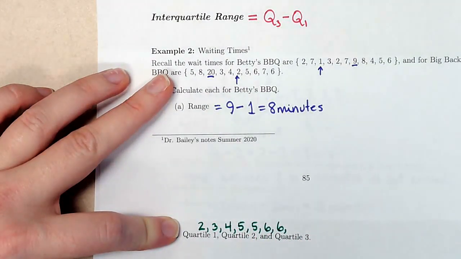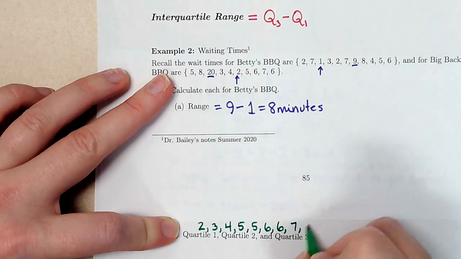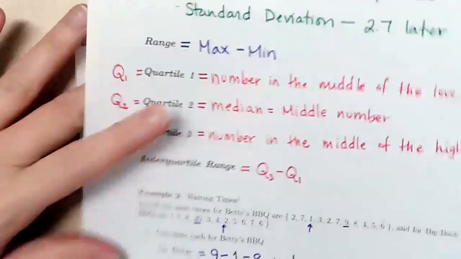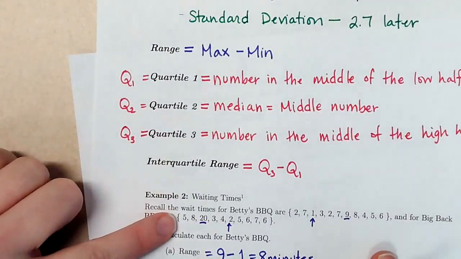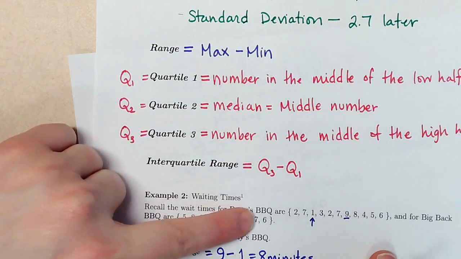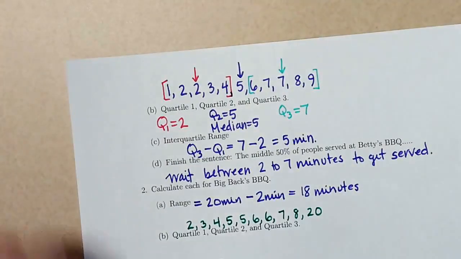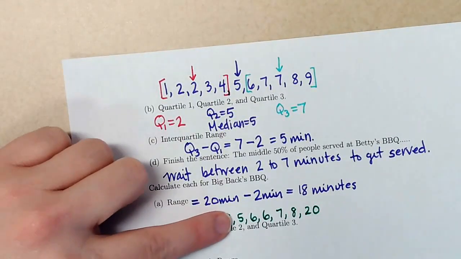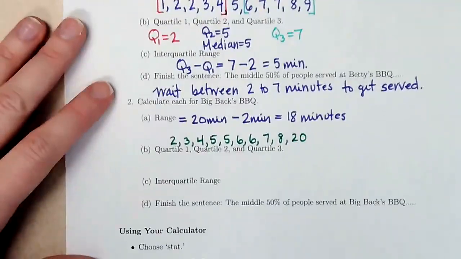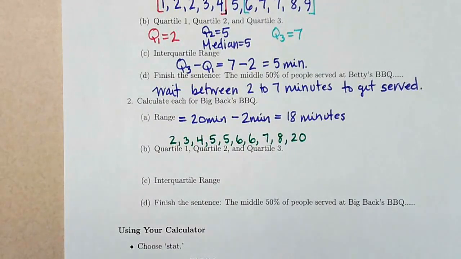I see a 7, an 8, and then a jump to a 20. So let's count to verify I haven't left something out. 1, 2, 3, 4, 5, 6, 7, 8, 9, 10 customers. Got them all.